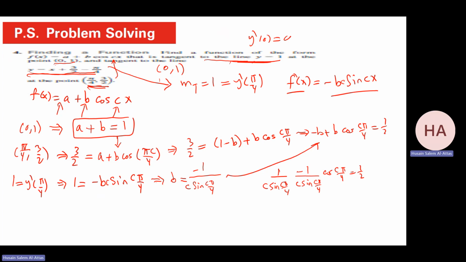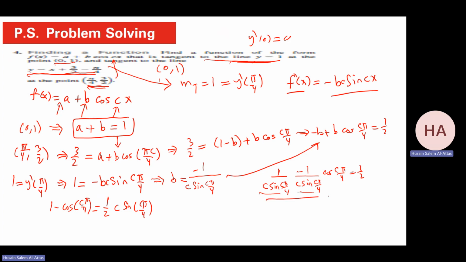In other words, that means this is sine, so I have 1 minus cosine, 1 minus cosine c pi over 4 equal to half c cosine c pi over 4.